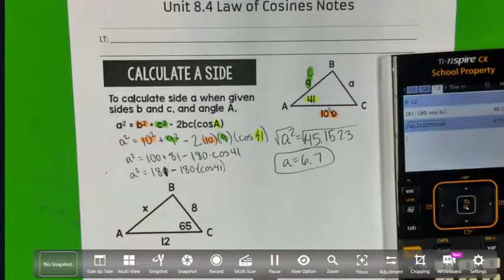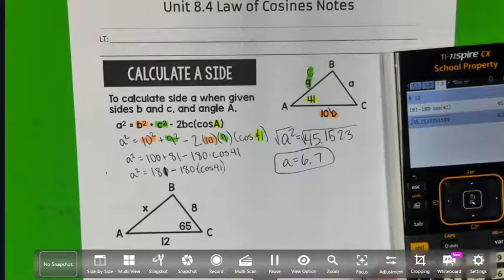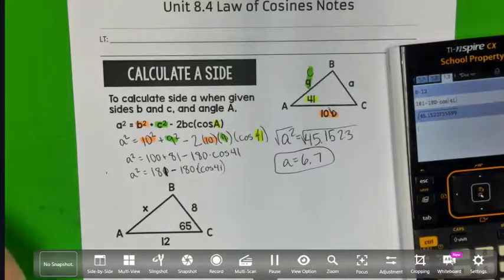It's not too crazy, it's really just following a formula. That's how you do it. Let's write out what we have here.